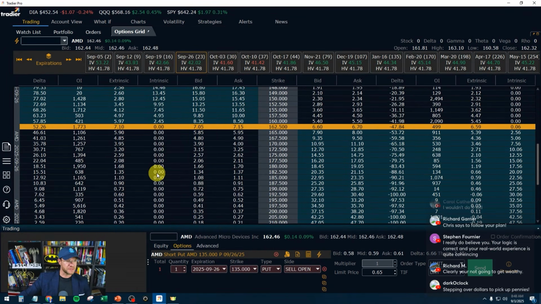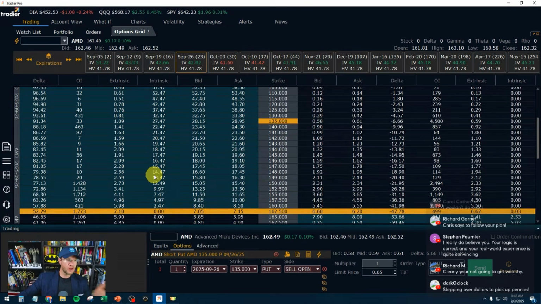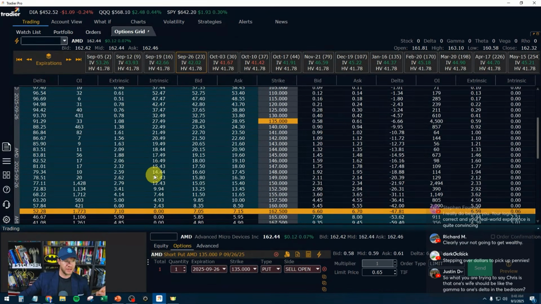We want to be the opposite side. We want to be the people driving the steamroller. We are the people driving the steamroller. We are going to roll over all those option sellers all day, every day, because our change in intrinsic value will overwhelm anything that is happening on the extrinsic value.